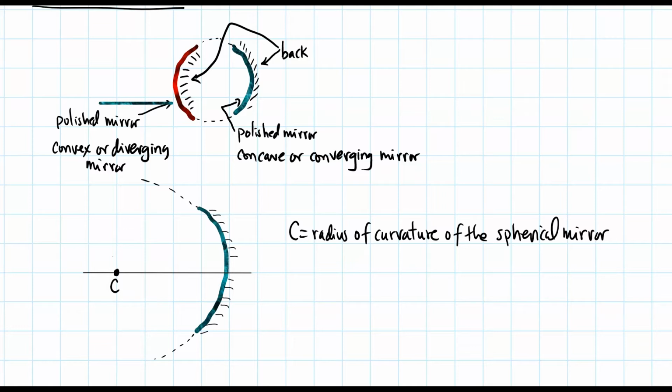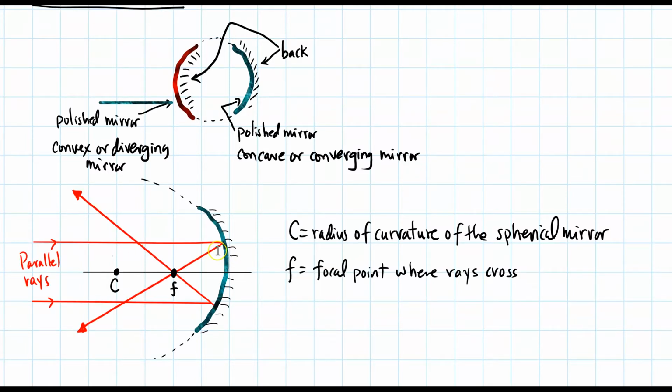Now, if rays start from infinity and reflect off the mirror, here's what we're going to see. The point where the rays cross after reflecting from the mirror is called the focal point. The focal length of this mirror is related to the radius of curvature.